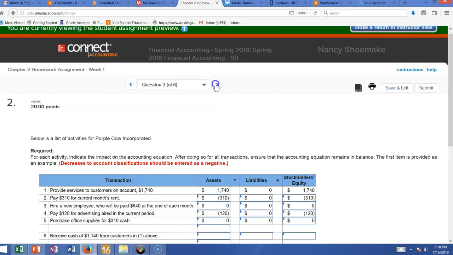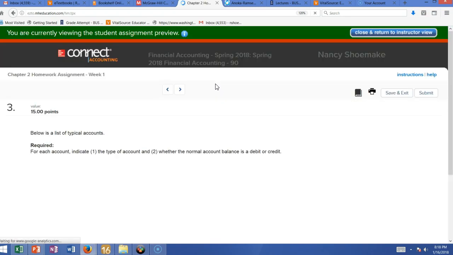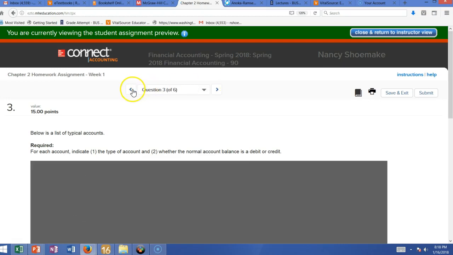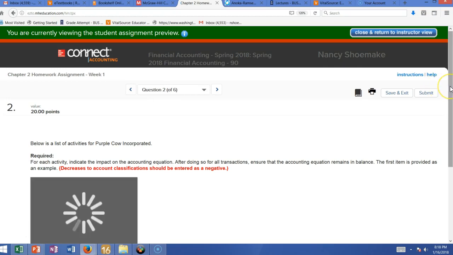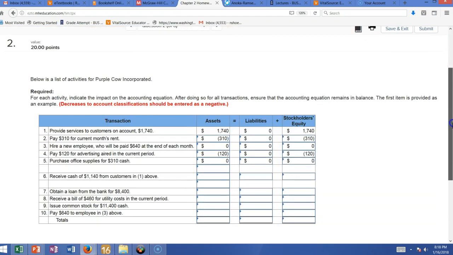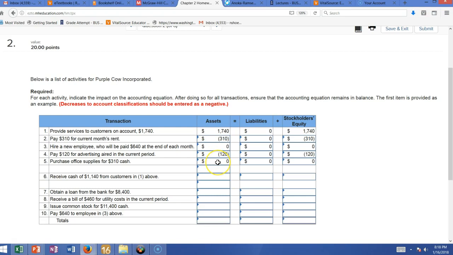Okay, next. Is that what we do for that one? Because there's an extra line. Okay, purchase office supplies. So what we have to do here is show 310 as a positive and then 310 as a negative.